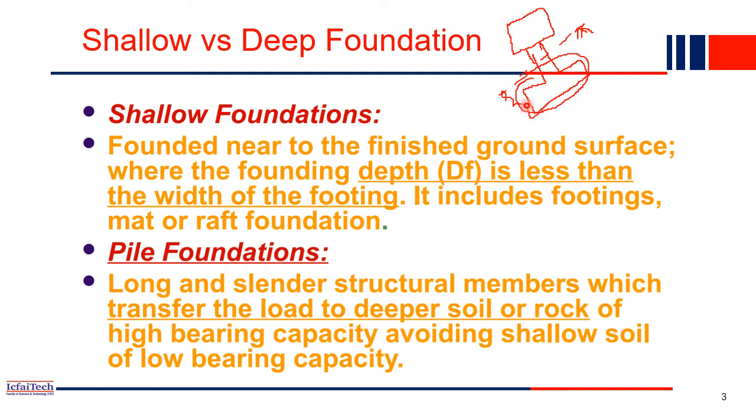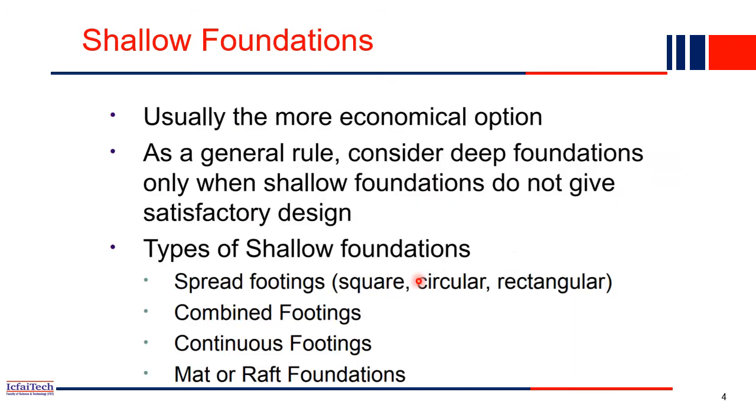To reach the hard strata, you may need a very long, deep pile. That's what we call a pile foundation. Until you reach the deeper soil or the rock, the foundation depth will increase, and ultimately we get a pile foundation. Now we'll see shallow foundations.